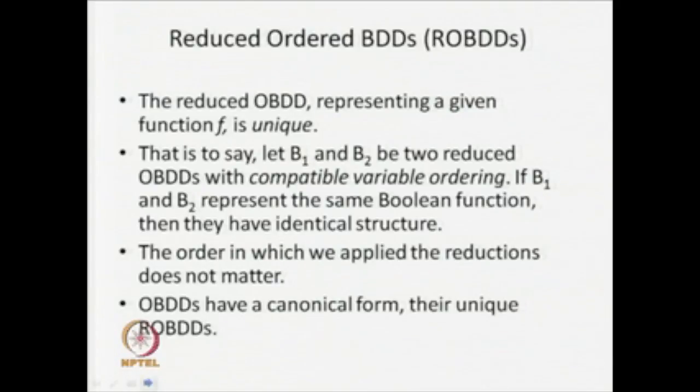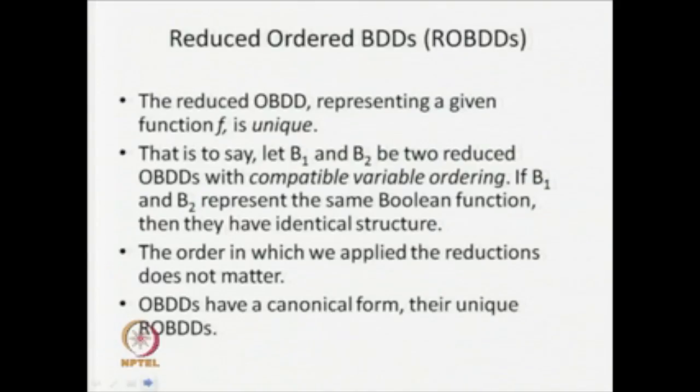You see that we are going to get a unique representation with a particular variable ordering. So, if two BDDs have comparable variable ordering and represent the same Boolean function, then these two BDDs will be identical. That is why we say that for a particular variable ordering, we are going to get a unique ROBDD representation.